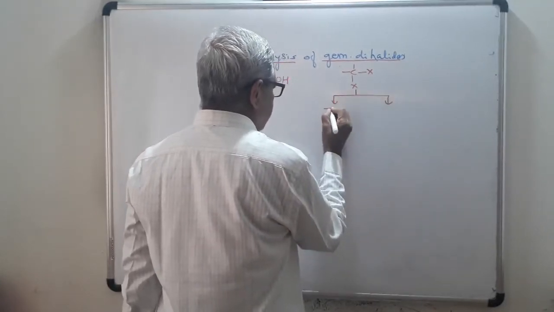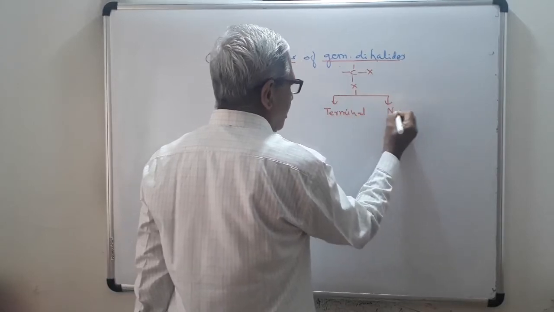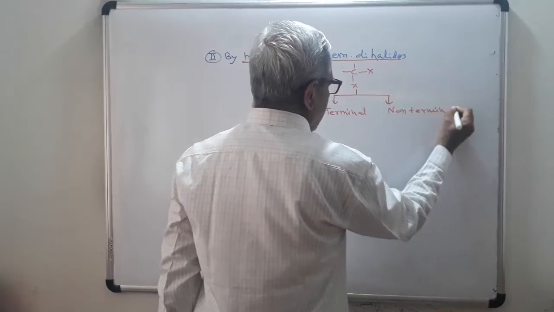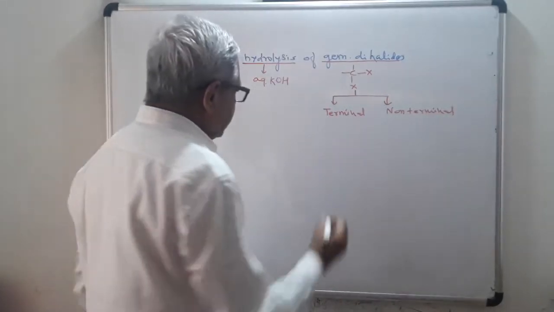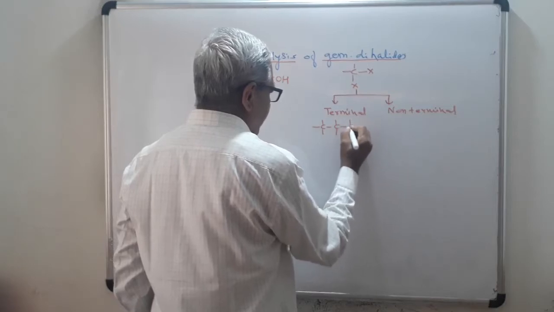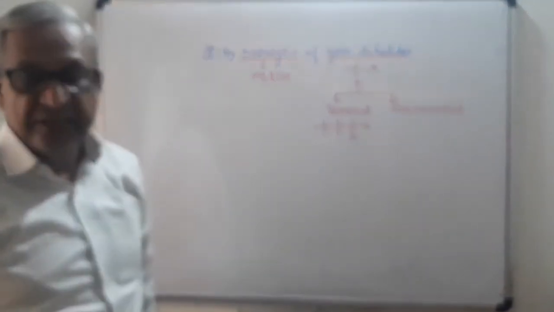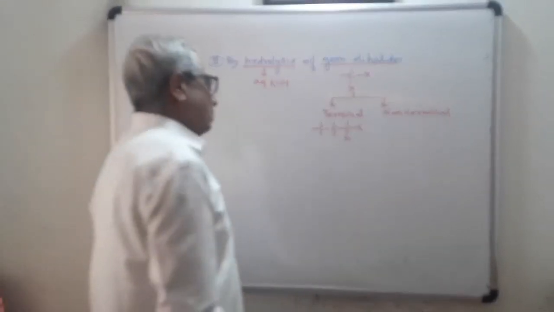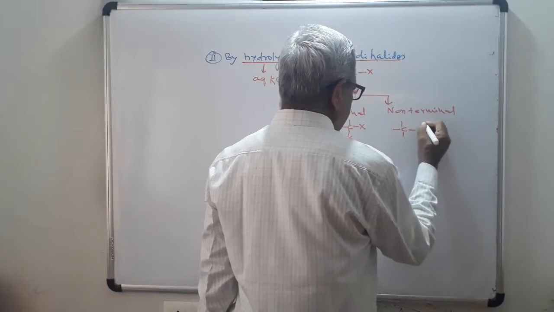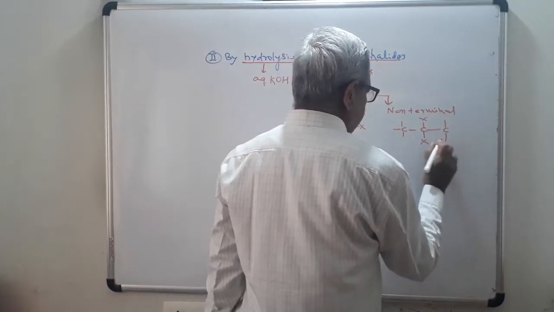One is a terminal geminal dihalide and second is a non-terminal geminal dihalide. In terminal geminal dihalides, the halogen atoms are attached to the terminal carbon atom, that is the ending carbon atom. In non-terminal geminal dihalide, the two halogen atoms are attached to the in-between carbon atom.